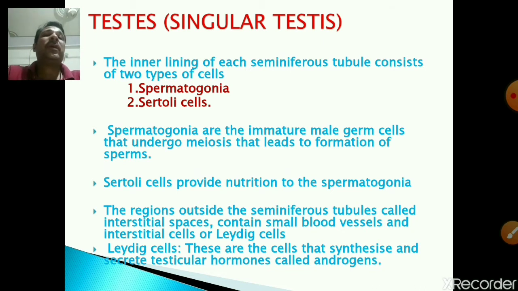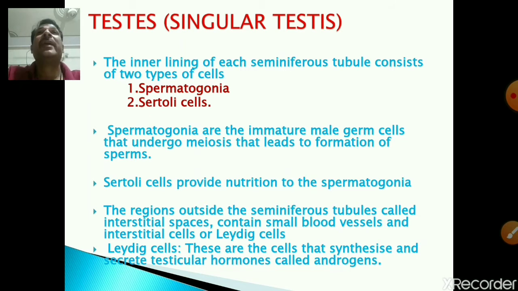Sertoli cells provide nutrition to the spermatogonia. Spermatogonia को nourishment जो provide होता है वो Sertoli cell से होता है, जिसके कारण spermatogonia से sperm बनते हैं.